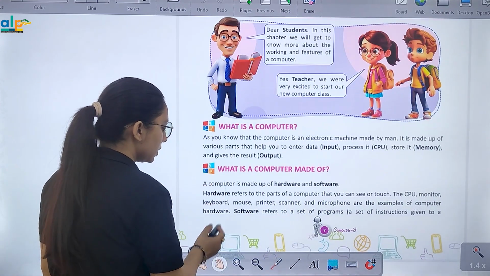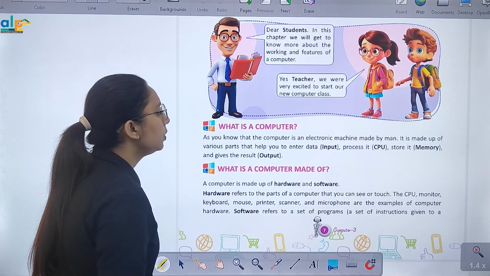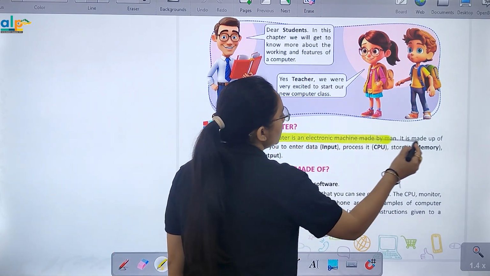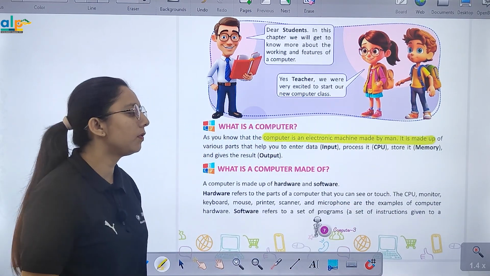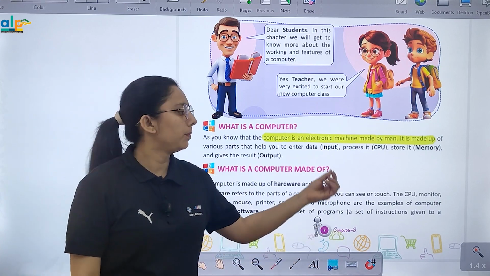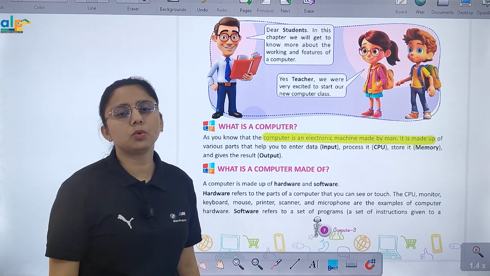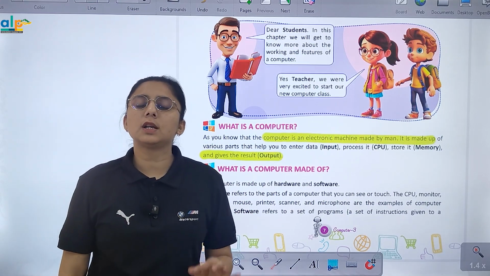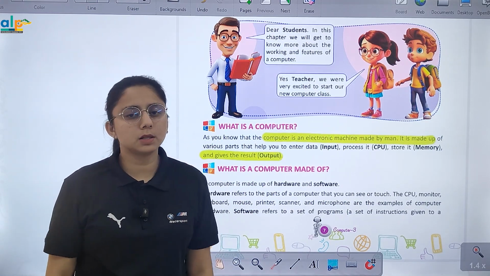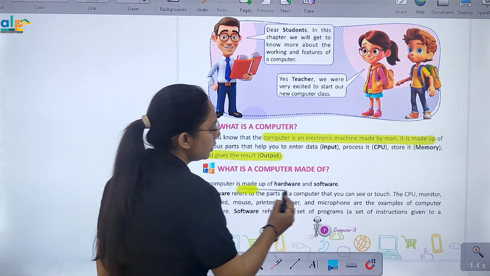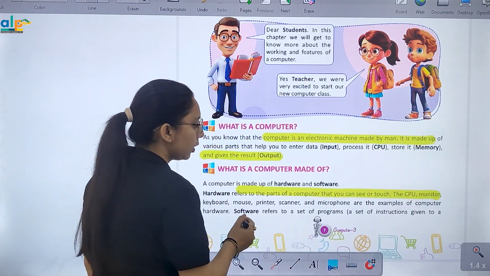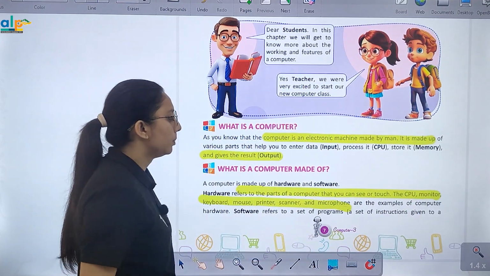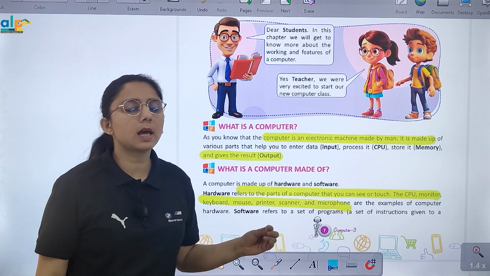So, first is what is a computer? As we know, a computer is an electronic machine made by man. It is made up of various parts: input, process that is CPU, store which means memory, and it gives a result, which is output. So our computer is made up of hardware and software. Hardware refers to the parts of a computer that we can see or touch: CPU, monitor, keyboard, mouse, printer, scanner, microphone.